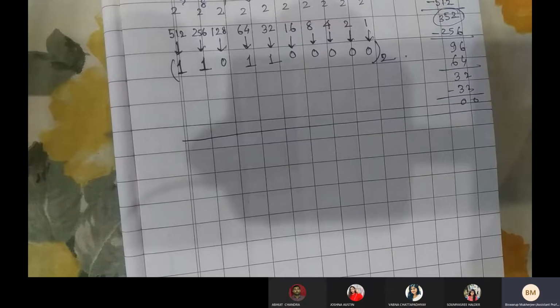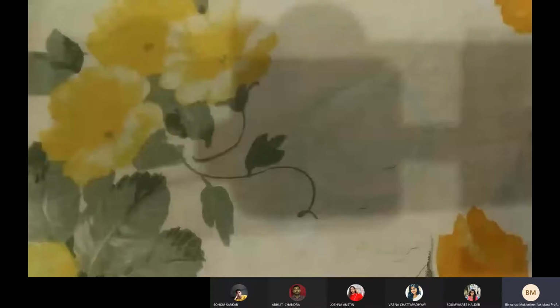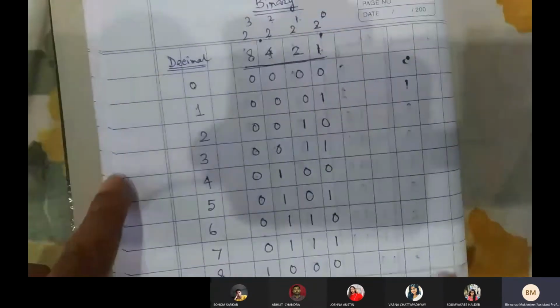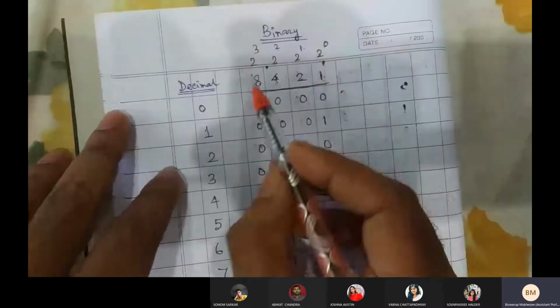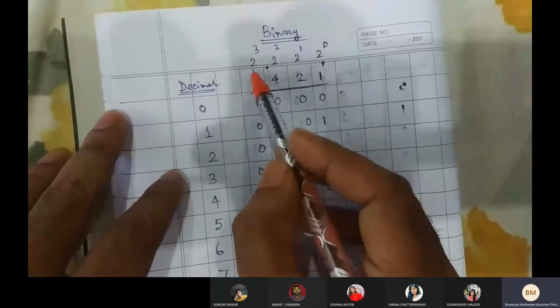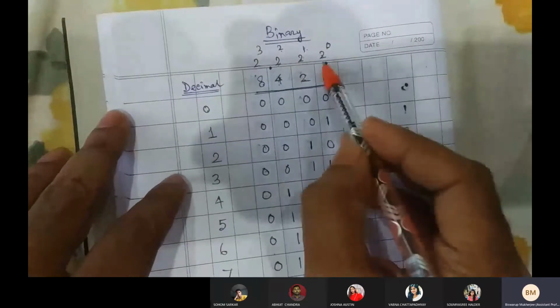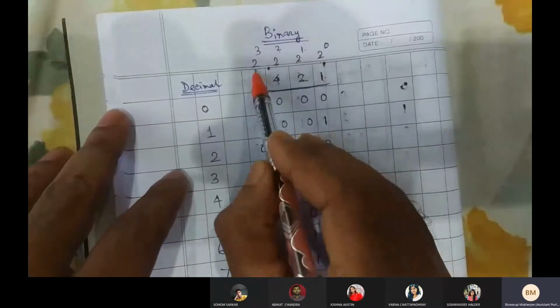We also discussed the different binary codes, how we can write a simple binary code. A simple binary code we can write in the form of the 8421 system, or in the form of 2 to the power 0, 2 to the power 1, 2 to the power 2, and 2 to the power 3.